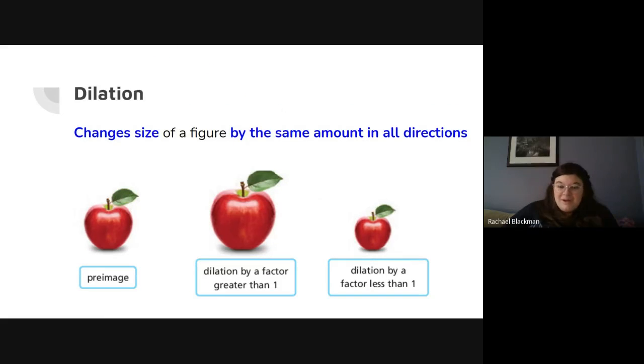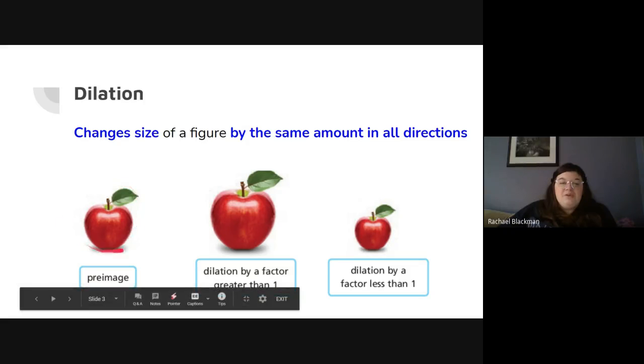Okay, what exactly is a dilation? It's going to be a transformation that changes the size of a figure by the same amount in all directions. For example, here's a little apple. We're going to work with this apple here. So this is your pre-image, right? Regular sized apple.